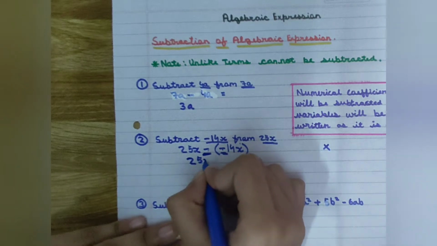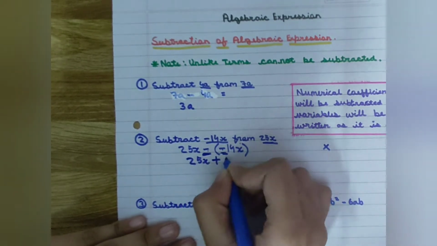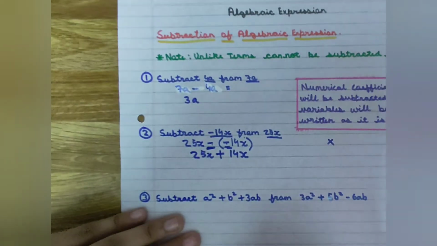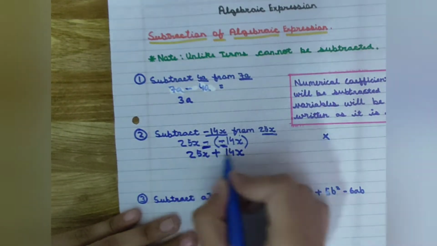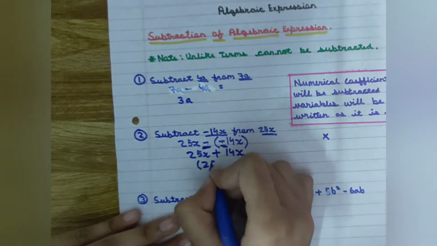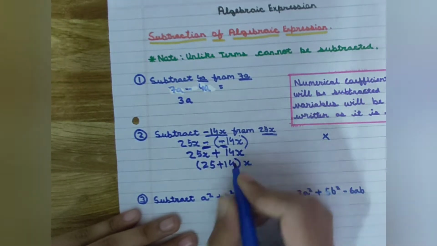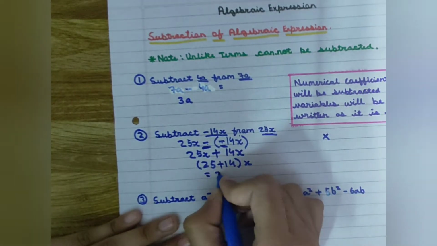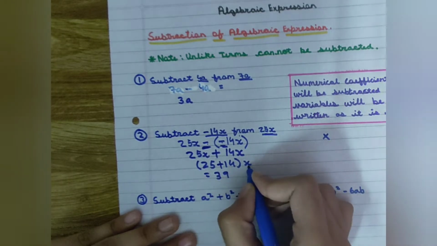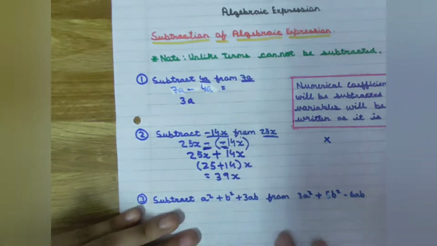So 25x plus 14x. We add the numerical coefficients because it's addition now: 25 plus 14 is 39, and the variable will be written as it is.